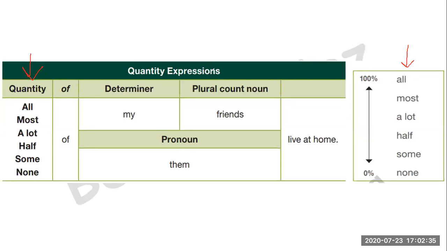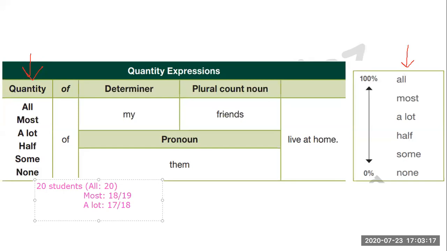Let me give you examples. If I have 20 students in a class, and I say all, it means the 20 students, right? If I say almost, it means that I have 18 or 19, right? If I say a lot, it could be 17 or 18 students.